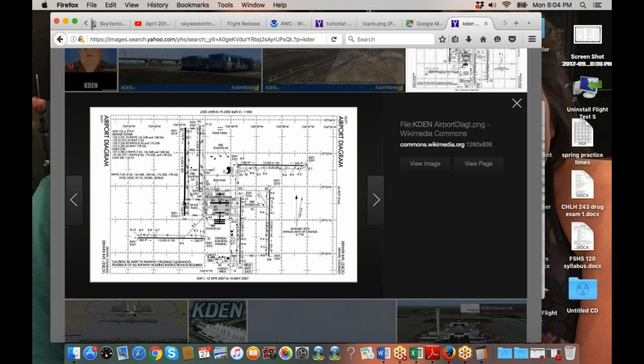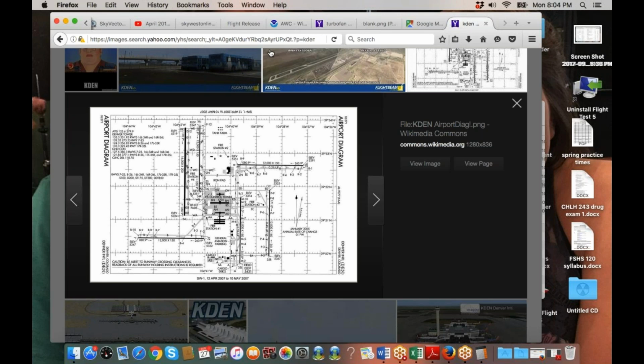Okay, so when we look at these, the heading on these two runways right here, and these is all 340. Well, these they call 35 left and 35 right, and this is 34 left and 34 right.